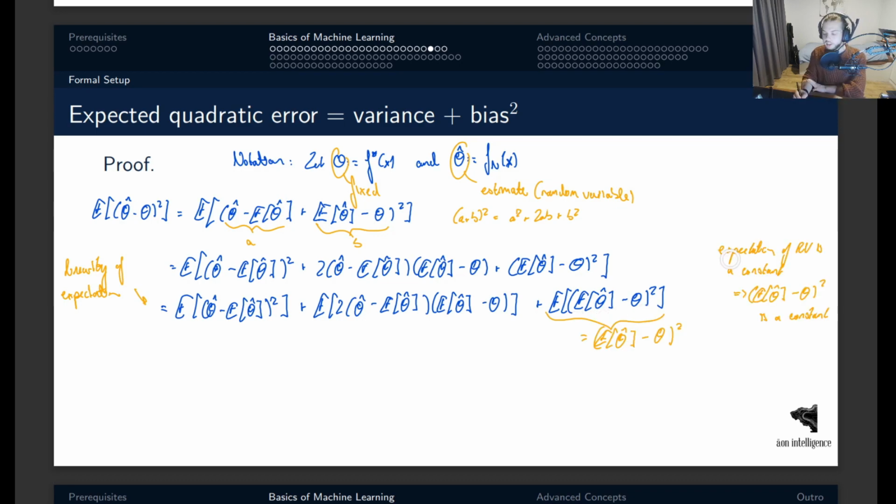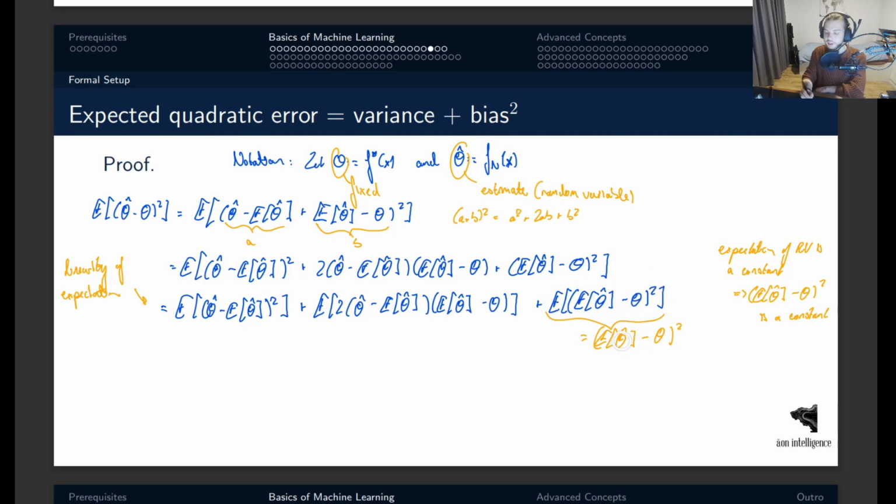Now we have to realize that the expectation of a random variable is constant, and therefore this expression is also a constant, the squared deviation between the expected value of our estimate and the quantity to estimate. This is a constant. And if we look at this expectation, we see that this expression shows up in the expectation, right? So we have the expectation of a constant, and this means that we can just drop this expectation because the expectation of a constant will be the constant, right?